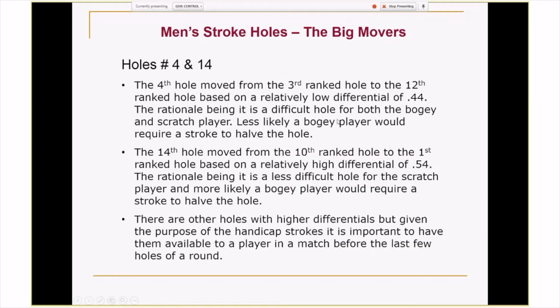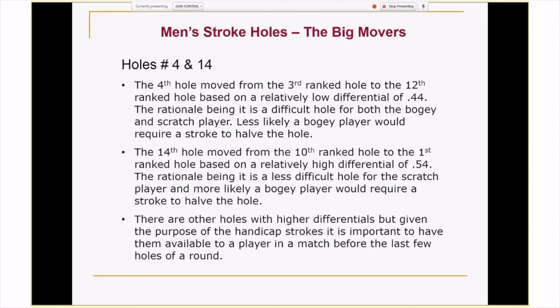So the big movers on our men's side, we could see number 4 and number 14. Number 4 moved from the 3rd ranked hole to the 12th ranked. And part of the rationale, if we think back to how these holes are allocated, is that the lower the number, the higher the differential between that scratch player and bogey player.